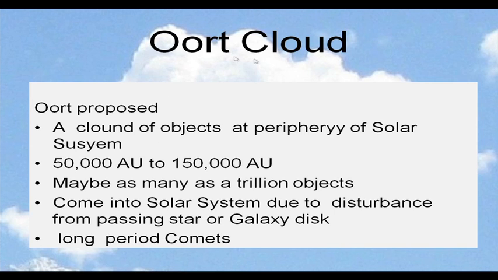So, that was the picture proposed by Oort: a cloud of such objects in the periphery of the solar system.